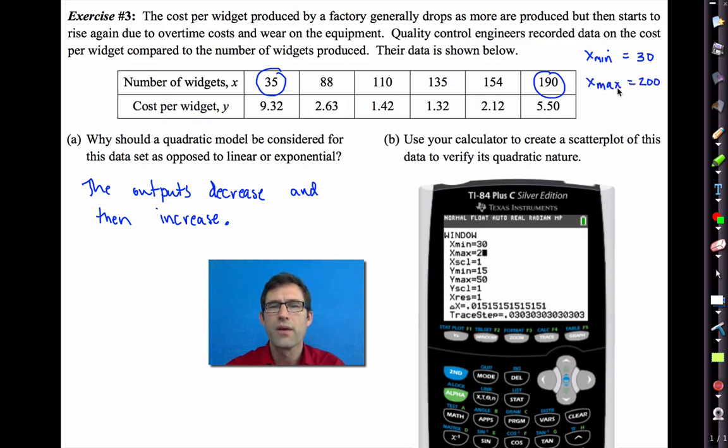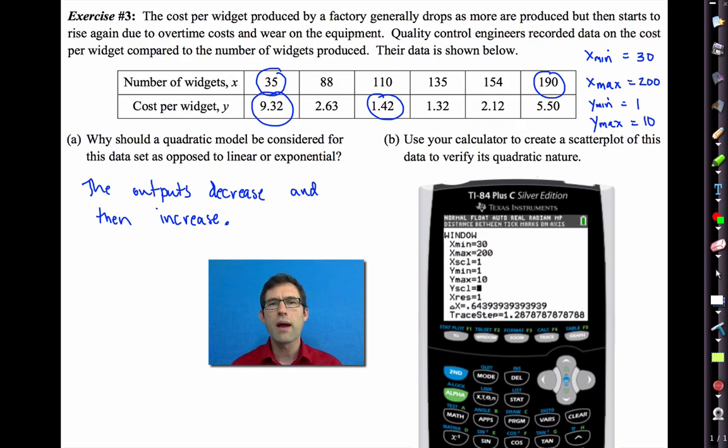That'll work. Now in my y's, I see that the minimum is 1.42 and the maximum is 9.32. So I think I'll put in y minimum is 1 and y maximum is 10. Right? That should do it. It'll get all the data in there.